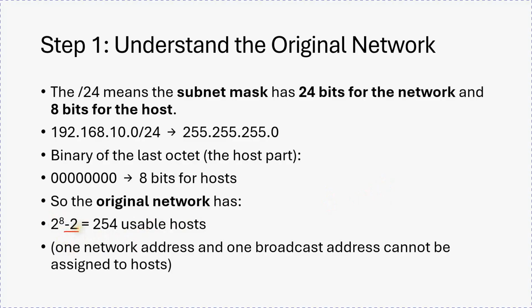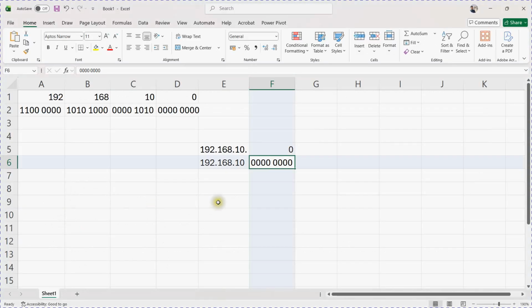Why do we subtract 2? One is for your network ID, which means your router IP, and the other is your broadcast IP, which means the first IP and the last IP. What is the first IP of this network? This is the first IP.